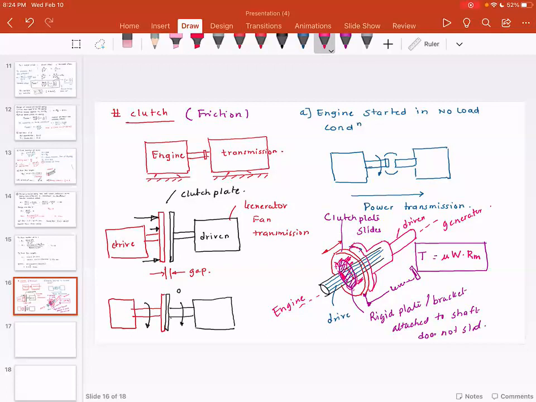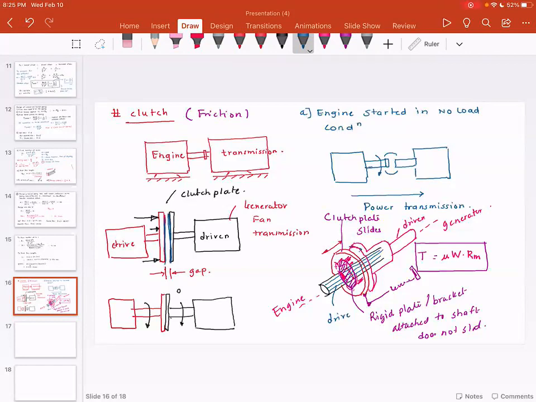And you will notice for continuous power transmission, the torque transmission capacity of the clutch should be greater than the torque that needs to be transmitted. Otherwise, the clutch would slip. And that could happen in manual cars. When the clutch gets old, its power transmission capability drops down. The clutch has a friction surface here and a friction surface here.